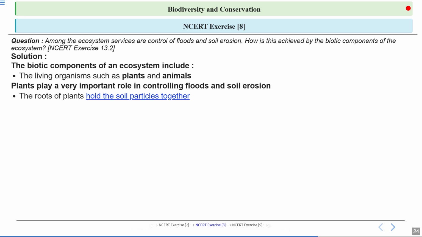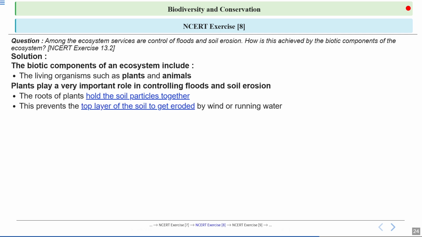Now, the roots of plants hold soil particles together, which helps in preventing soil erosion and maintaining the structure of the soil. This is important because it allows the soil to retain water and nutrients, making it easier for plant roots to absorb them. Additionally, the roots create spaces in the soil that help air move through, which is essential for roots to breathe and grow properly.